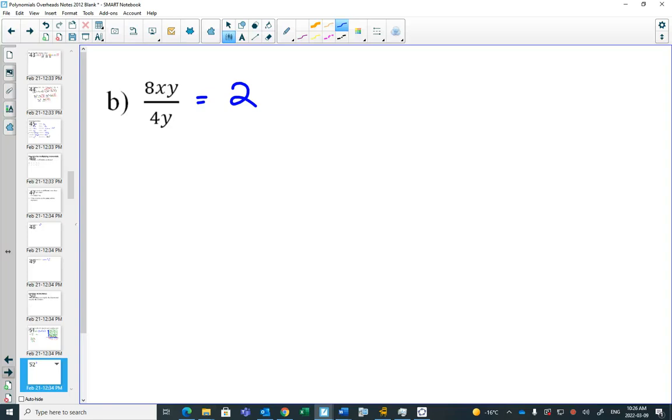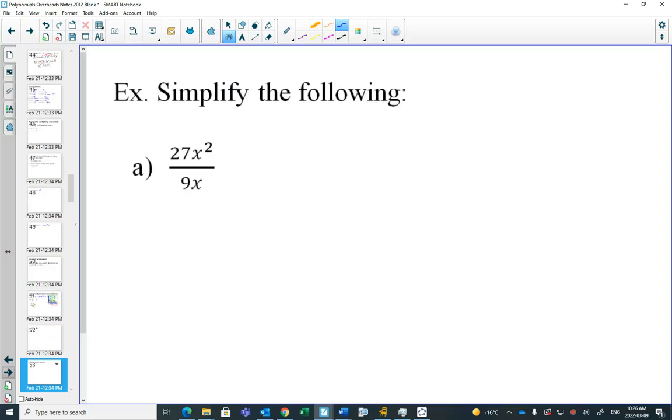And then I have an x on the top, but my y's would cancel out. So the answer to this one is just 2x. Right. Okay. Good stuff. Okay. Try this one on your own.